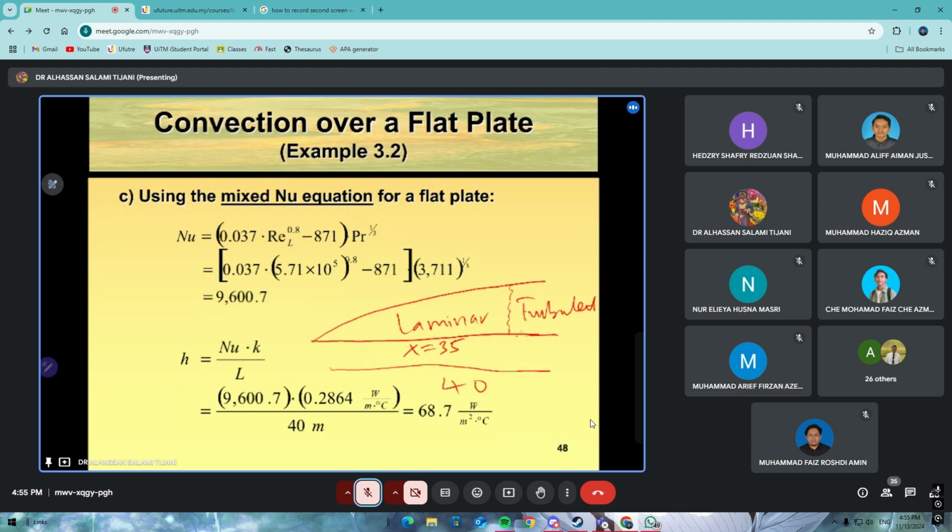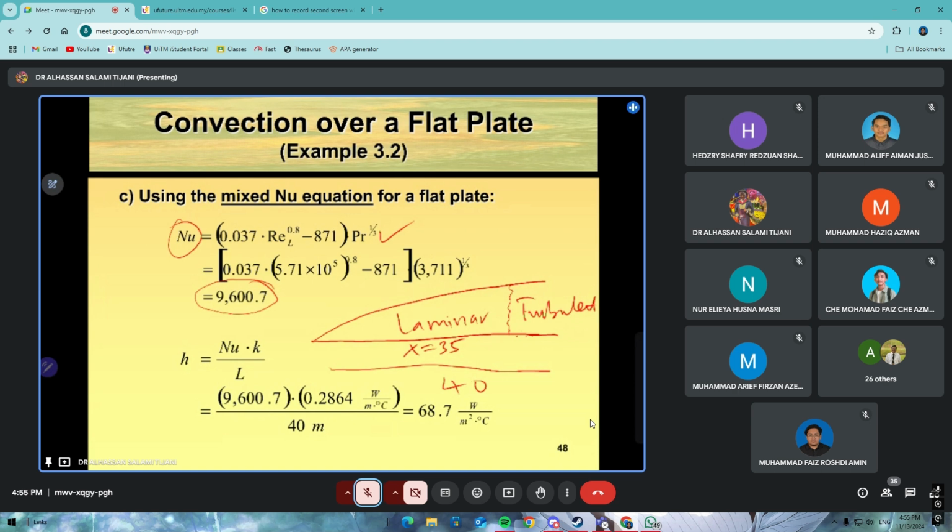So it means that across the entire plate, the flow is mixed flow. So it's a mixed flow situation, and we need to use the Nusselt number for a mixed flow. When we adopt this equation to determine the Nusselt number for a mixed flow, the Nusselt number results in this.